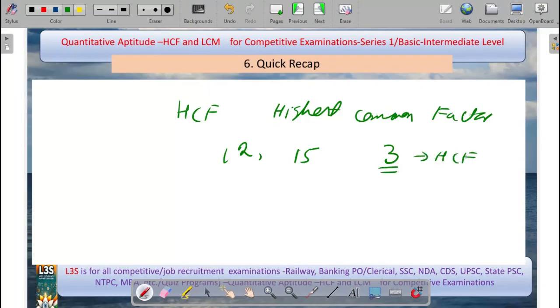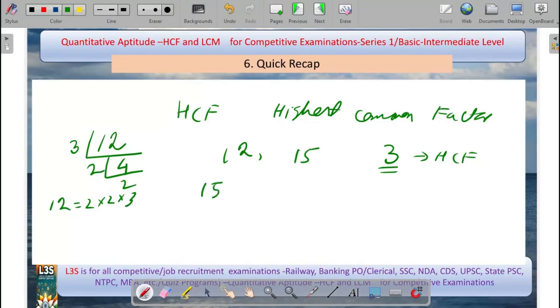Now how will we find out HCF? HCF can be found out by two methods, the prime factorization method and the division method. In the prime factorization method, we have to break each number into prime factors. Say 12 and 15. 12 equals 2 into 2 into 3.